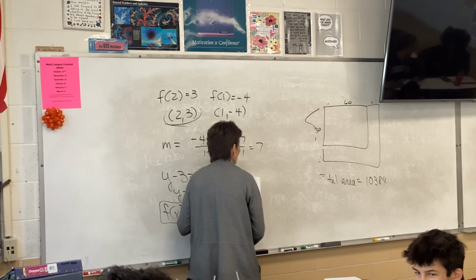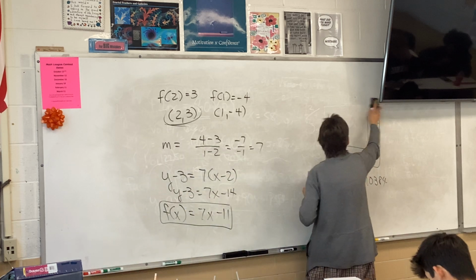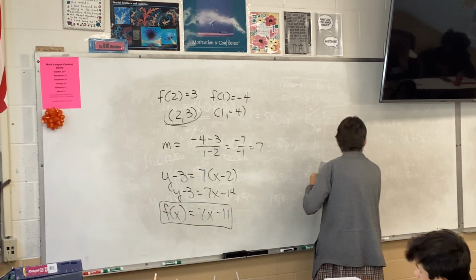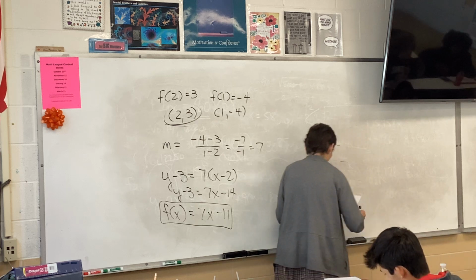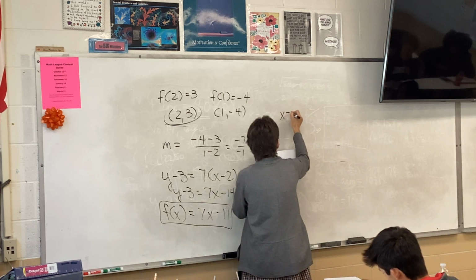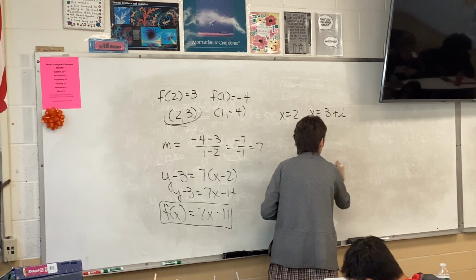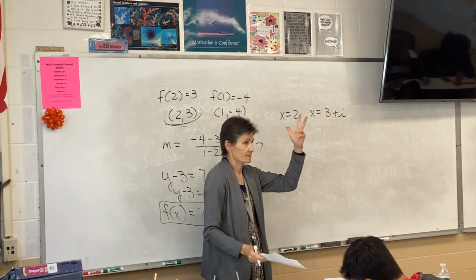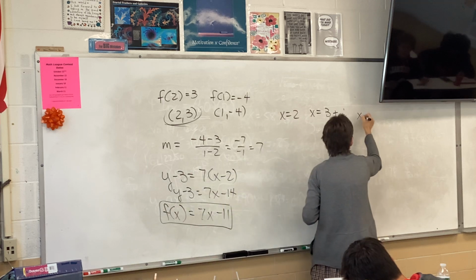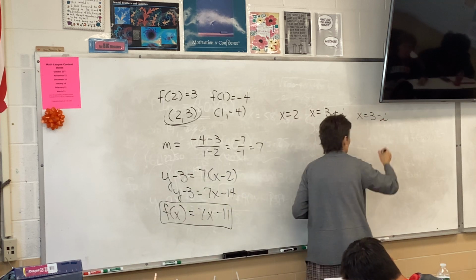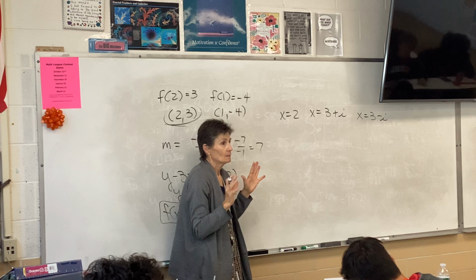All right, polynomial function whose zeros are x equals 2 and x equals 3 plus i. All right, what immediately clicks? 3 minus i. Remember, they never come alone.